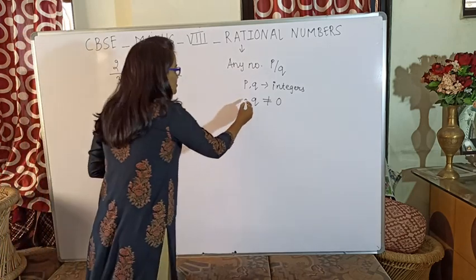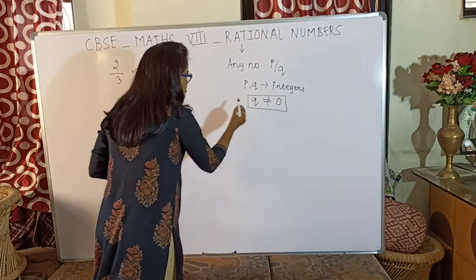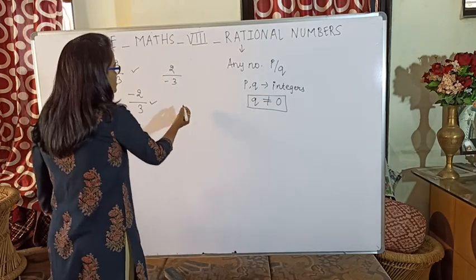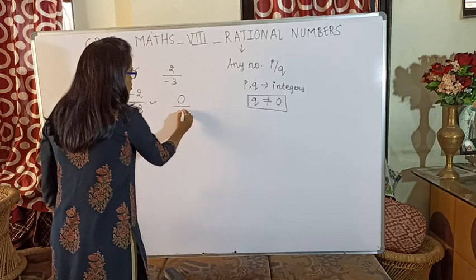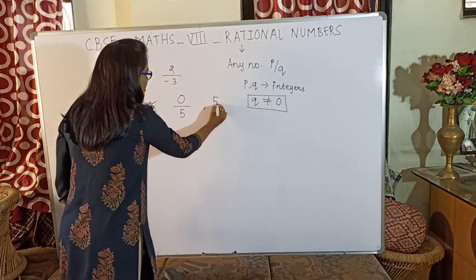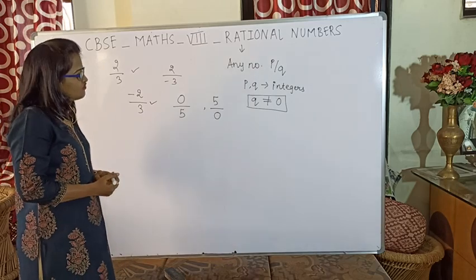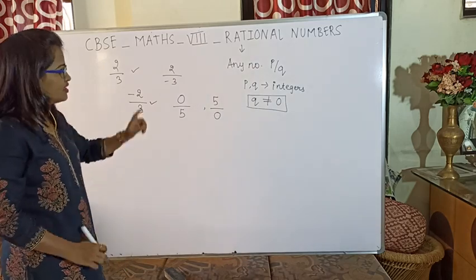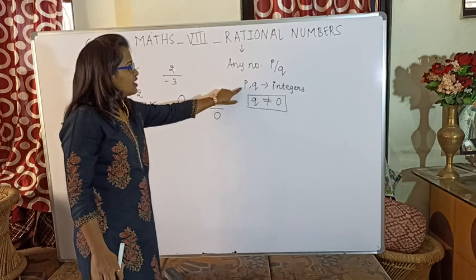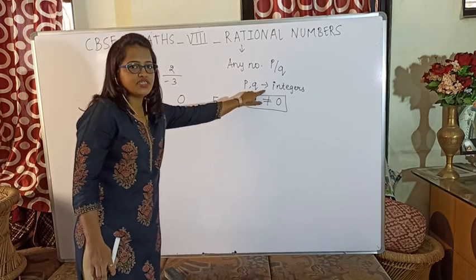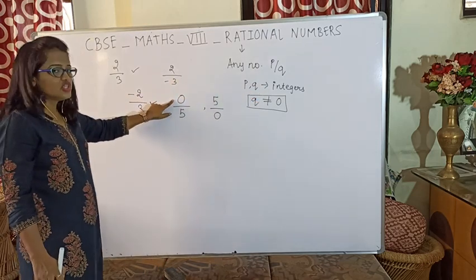But let us try to see what this condition is. For example, suppose I write a number like 0 by 5 and another number like 5 by 0. Now, from these two numbers, I have to see which of the numbers is a rational number. Coming back to our definition, p and q have to be integers. Is 0 an integer?